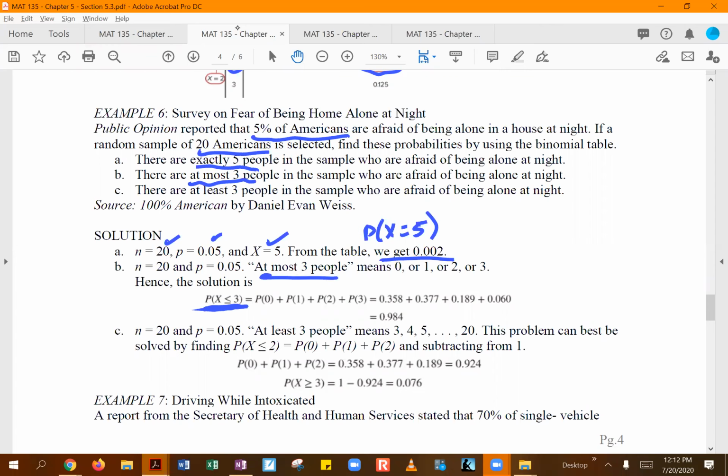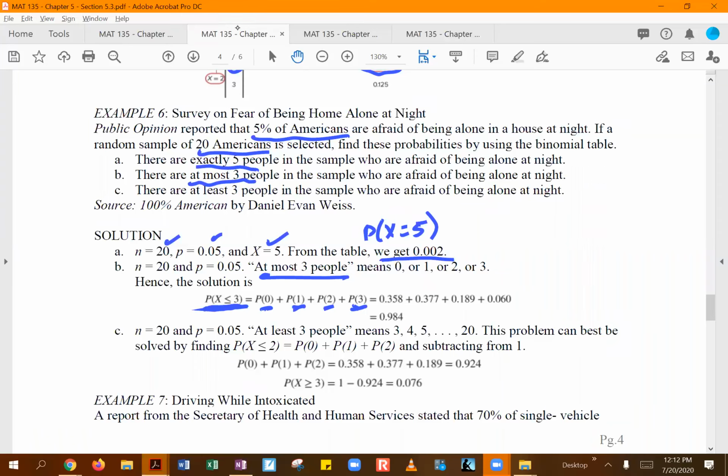Part B, they said at most 3 people, so that's a maximum of 3 people. So you do x is less than or equal to 3, which means the maximum is 3 people, but you can also have less than that. So you have to do 0 people were afraid, only 1 person was afraid, 2 were afraid, or all 3 would be afraid of being home alone at night.